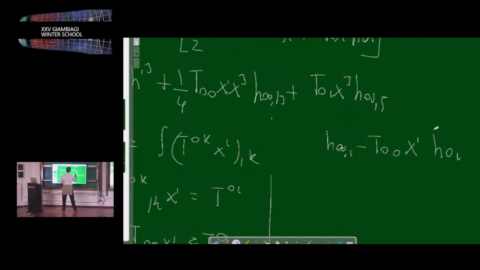And I get 1/2 T00 xi. Okay, so you recognize what this is? This is the linearization of gamma I00.